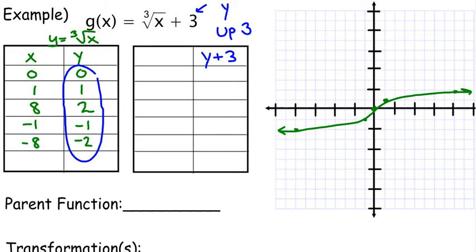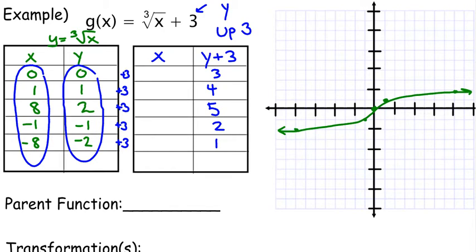So 0 plus 3 is 3. 1 plus 3 is 4. 2 plus 3 is 5. -1 plus 3 is 2. -2 plus 3 is 1. Are we going to do anything with the x values? No, we are not changing the horizontal axis, so all of these numbers are just going to repeat: 0, 1, 8, -1, -8.